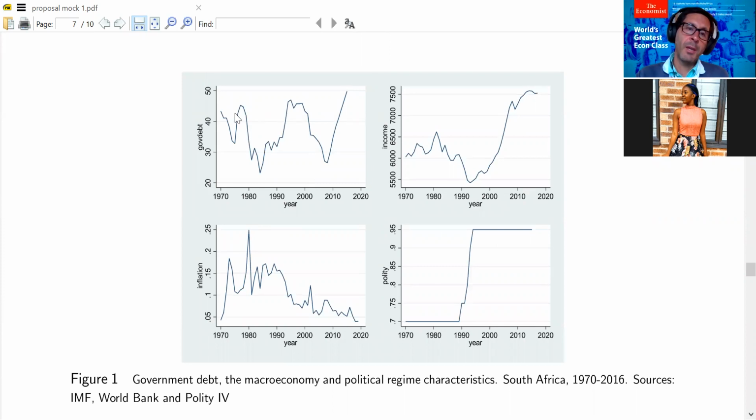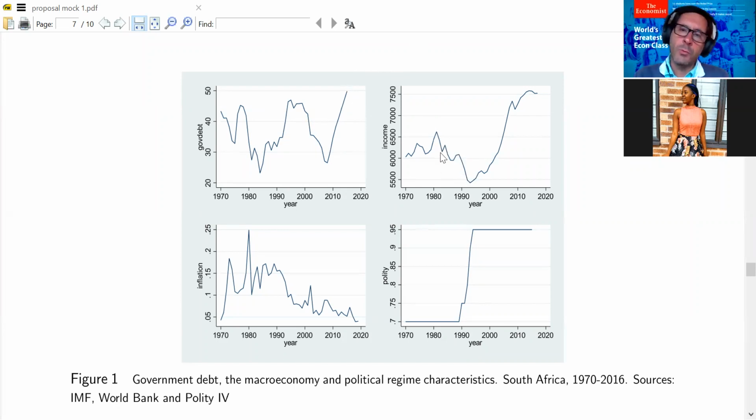The first panel there is government debt. You see there isn't much of a trend. It goes up, it goes down, it goes up, it goes down, it goes up again, but it's hovering around 40%. It's going through the roof now because of the pandemic. And then this is income. From the early 1980s, you can see it goes down. It's the grand apartheid.